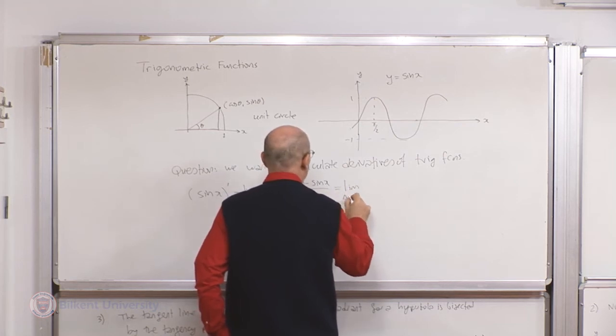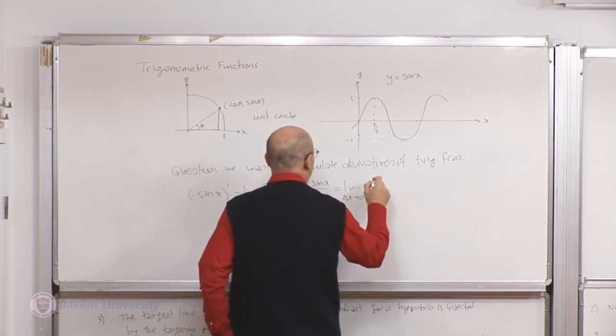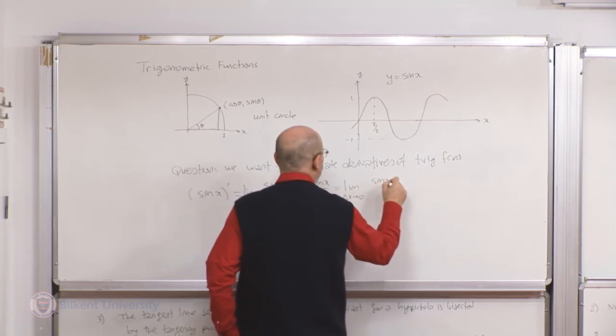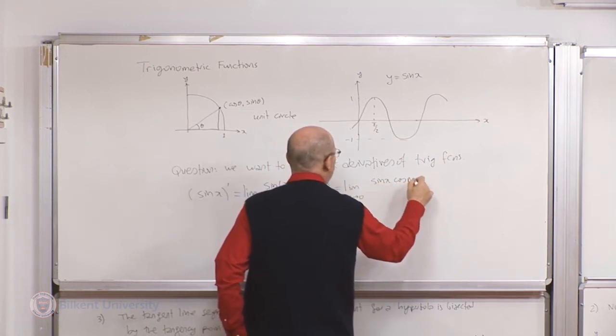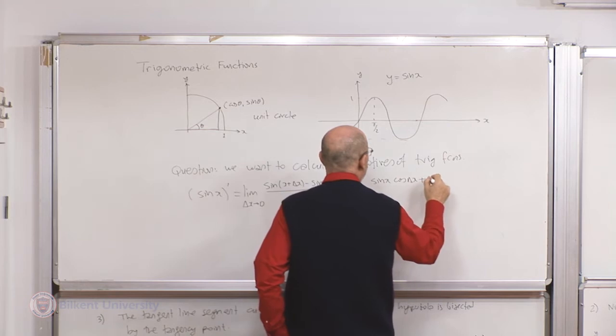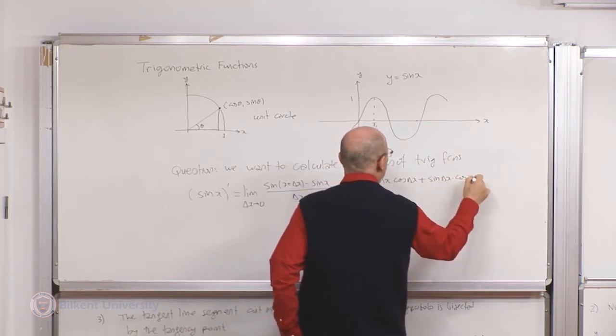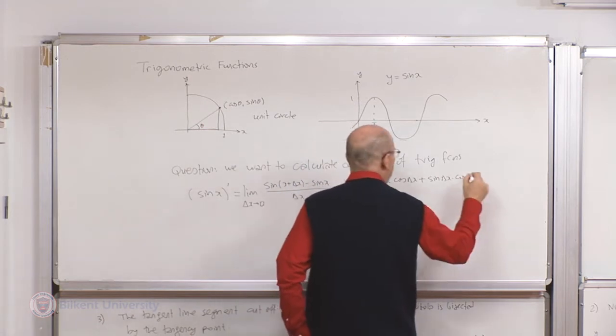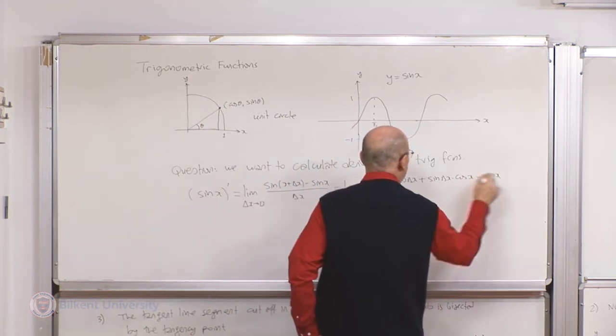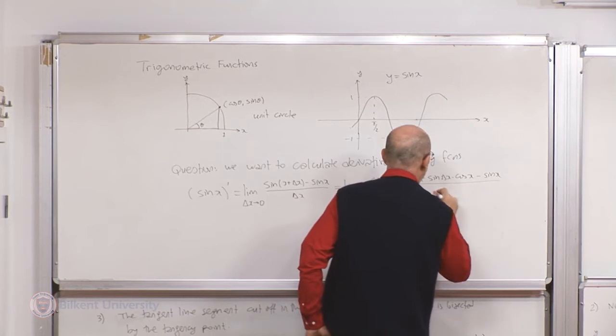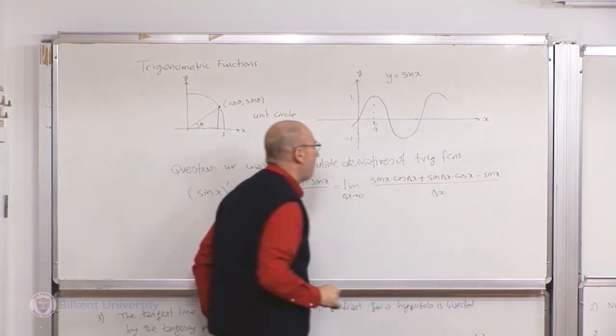The limit as delta x goes to 0 of sine x cosine delta x plus sine delta x cosine x minus sine x, divided by delta x.